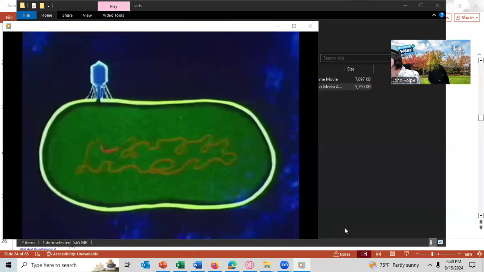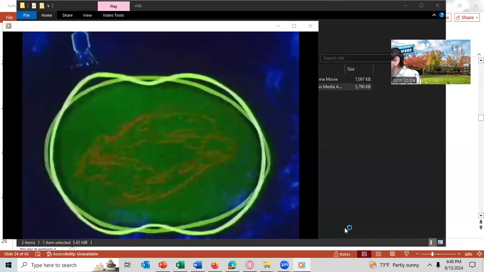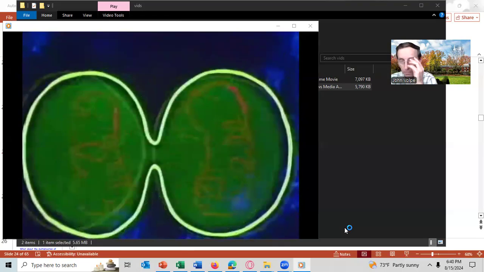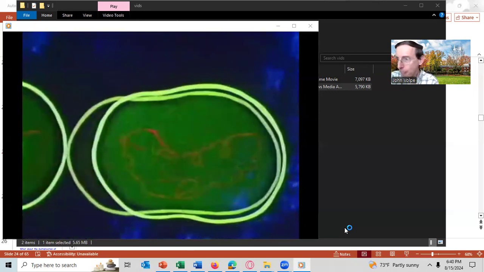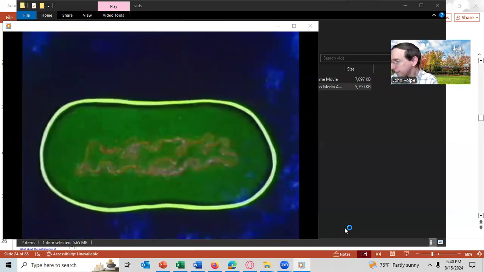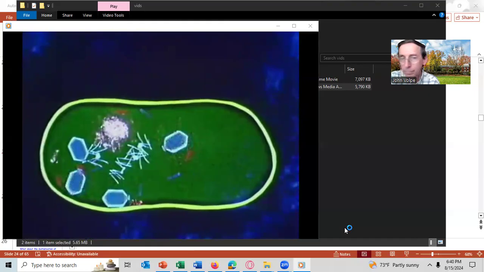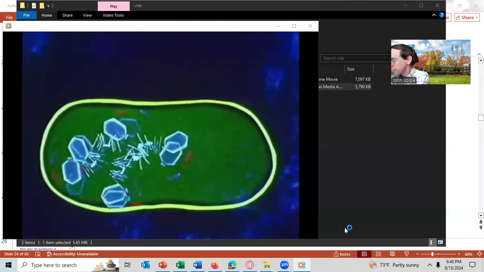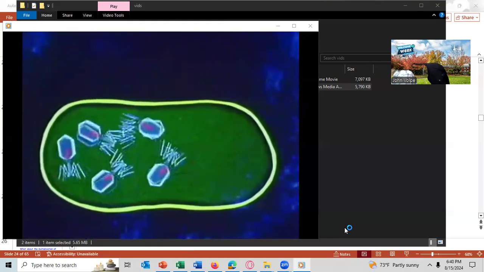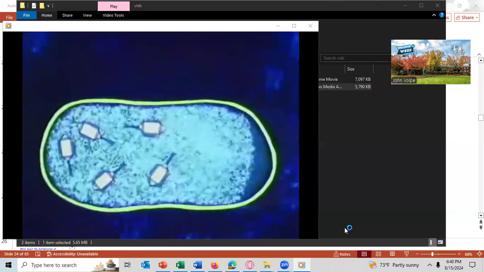Now, each time the cell divides, the phage DNA is also reproduced and is spread to more and more cells. Then suddenly, for reasons that are still unclear, the phage DNA activates and the destructive lytic cycle begins. Population of phage invade their hosts.